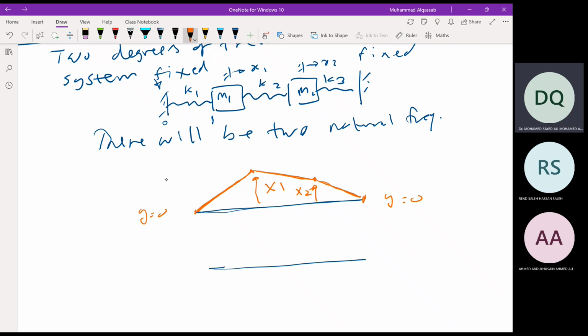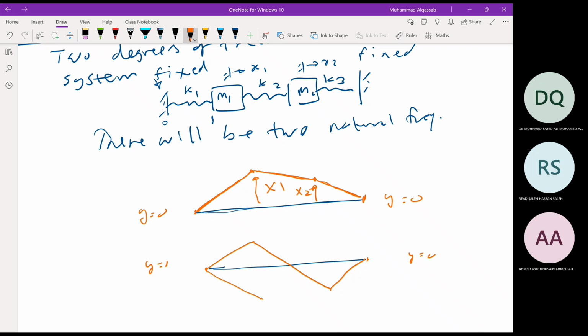Again, we will have 0 displacement here, y 0 and y 0. And this will have a point here and a point here. So it will be either the same thing for the first mode, or minus x1, minus x2.